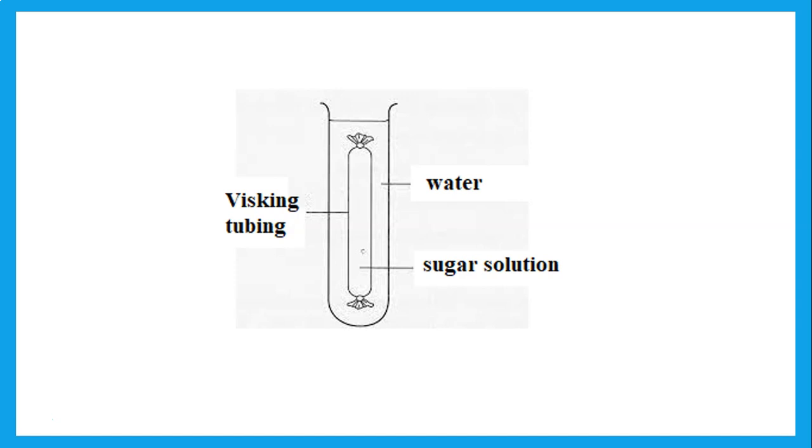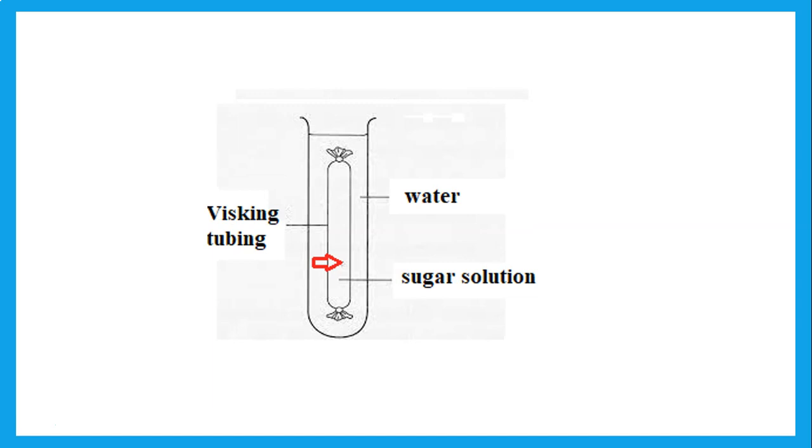So if I have, again, outside I have water, inside I have a sugar solution, how will the water move? Remember, it will move from where there is higher water potential, so in this case it's outside, and it will move into the whisking tubing because there is a more concentrated solution inside the tubing, and that means that has lower water potential.